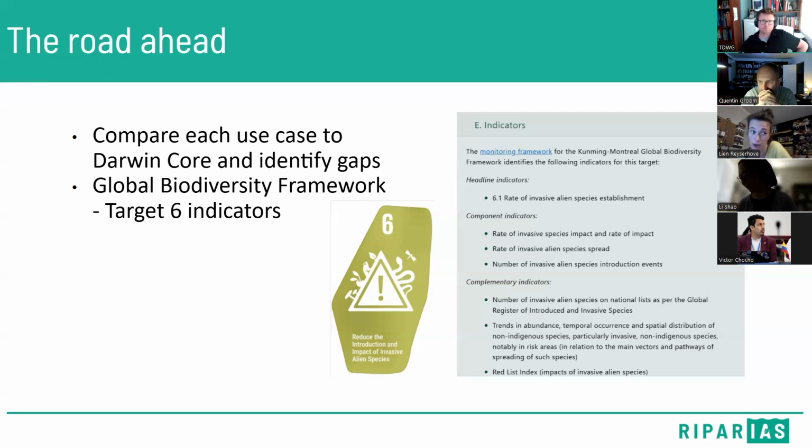I would like, for occurrence data, for management data, and for species lists, for each of these categories, to have a few use cases written out, so that we can start digging into the details and compare that to what is included in Darwin Core.